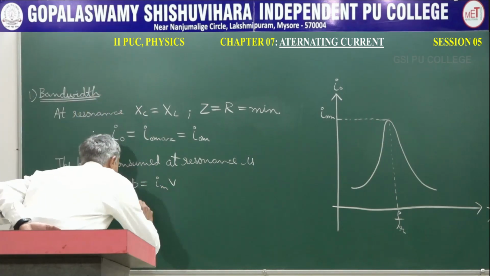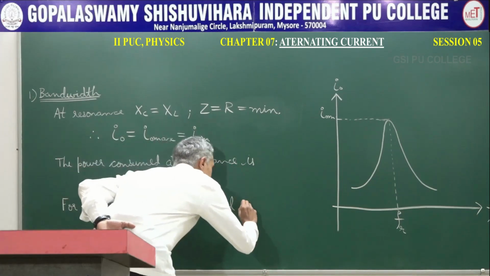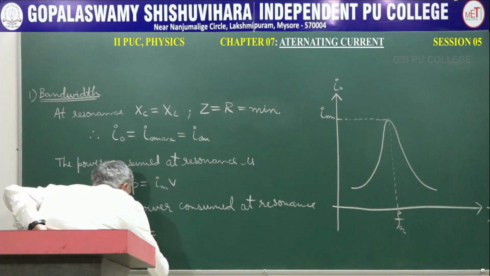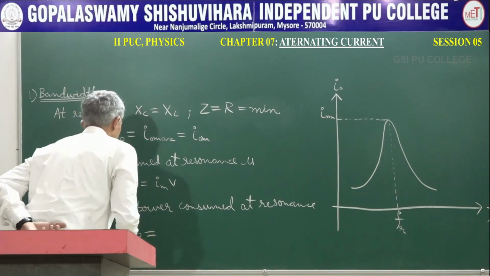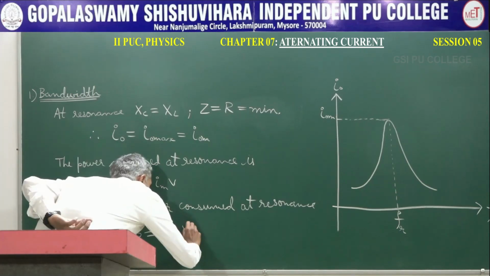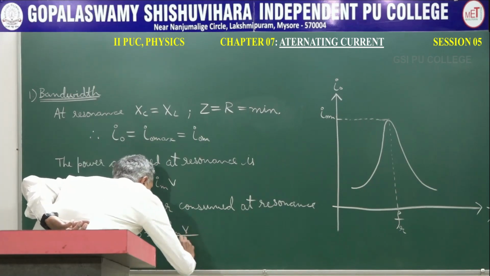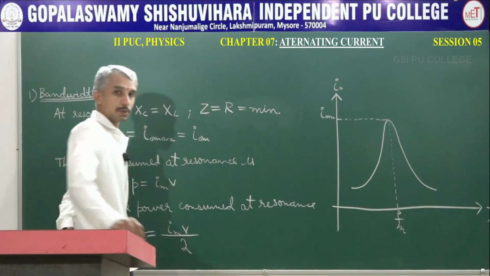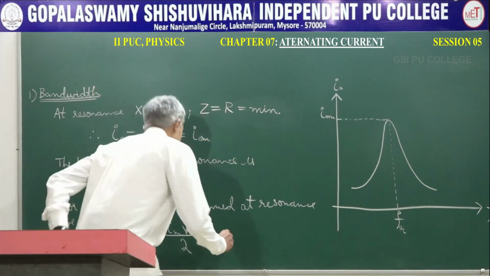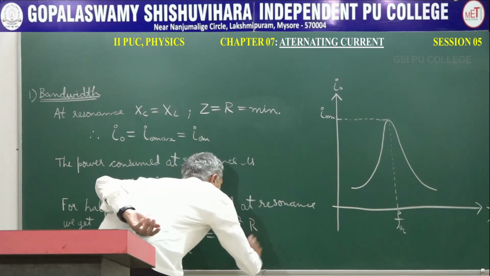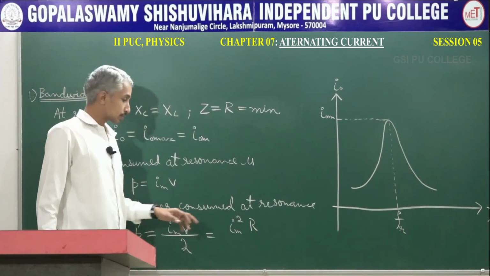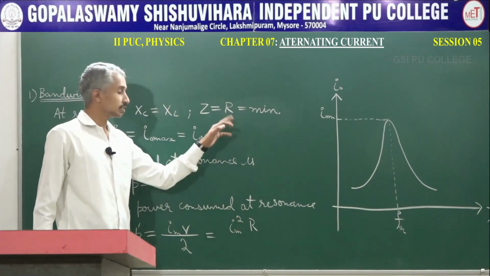So for half the power consumed at resonance, let me take this as some P dash. So the maximum power consumed at resonance divided by 2. The power consumed, which is I into V, can also be written as I square into R. The impedance in the circuit at resonance is equal to the resistance.